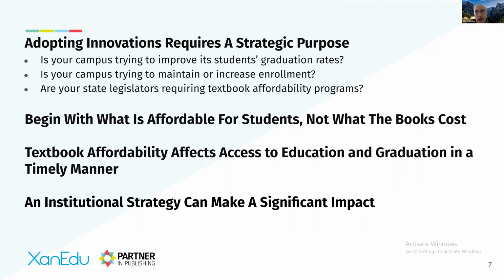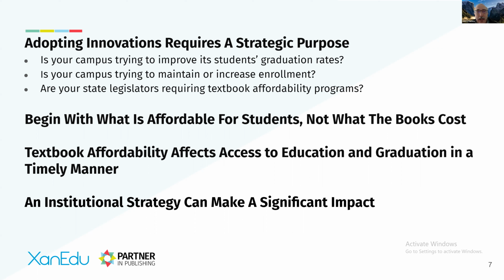Or are you trying to increase enrollment, make college more attractive to your institution? With COVID, recent data shows over a 3% decrease in enrollment in our community colleges. Now, 3% doesn't sound like much, but it's a huge number of students. So if you can say, we can make your college more affordable by providing you free and low-cost access to all the materials required for you to be successful, that's really great.